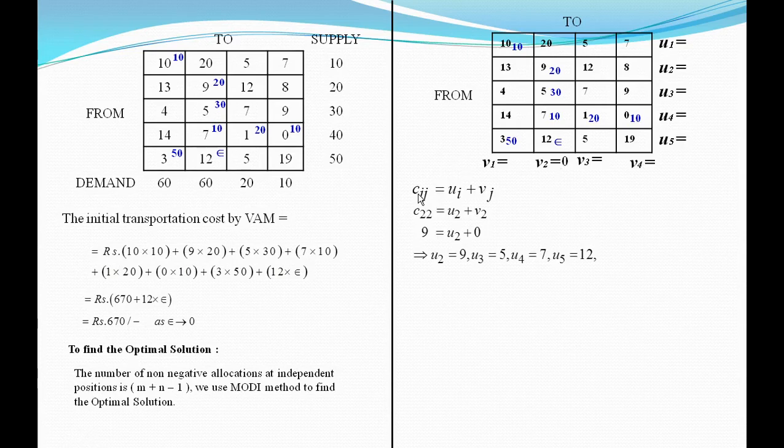The formula I have written here is c suffix ij equals ui plus vj. What is c suffix ij? The top corner value, that is the cost.